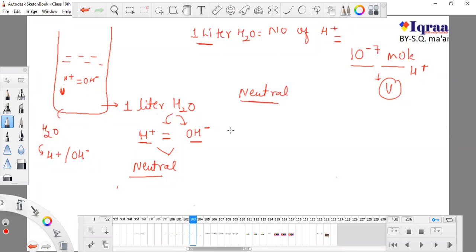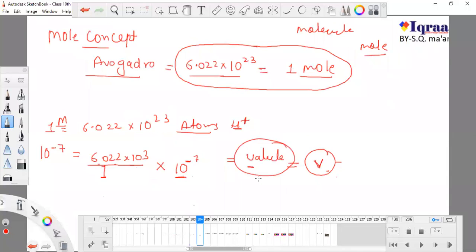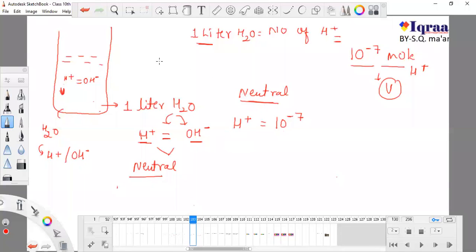Now, as water is neutral, the number of H plus ions in this test tube is 10 to the power minus 7 mole, whatever the value comes out to be if we solve it. So this is neutral, and we know that water is neutral. The number of H plus ions is equal to the number of OH minus ions.